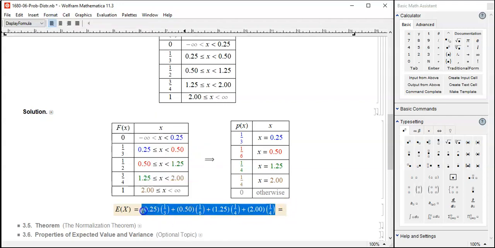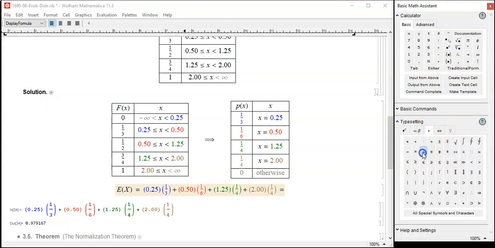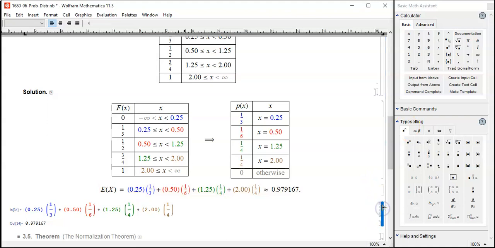Let's see, what do you have? Oh, this is what I'm getting. 0.97 something. Oops. Okay, that's better. Okay, there goes my expected value computation.